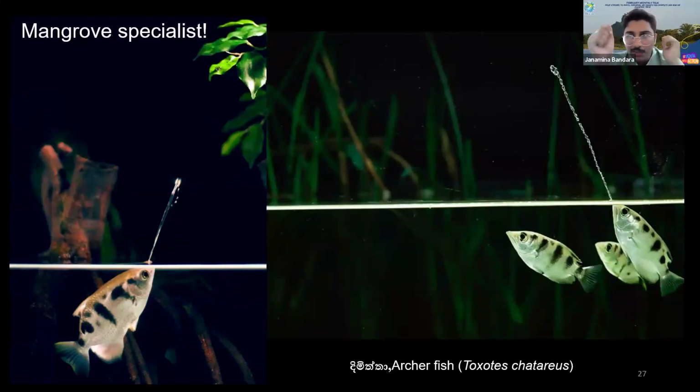You can see the photographs, and this fish has this particular ability to spit water and hit their target very accurately and precisely. So they can drop their insects or whatever prey item they locked onto, and it certainly falls into the water. So that's the end of that prey item. This is a highly predatory fish, but very interesting to watch because of this unique ability. It makes it a mangrove specialist species.